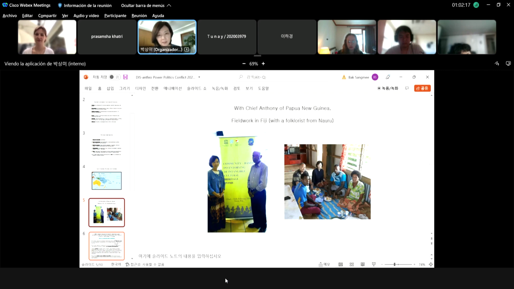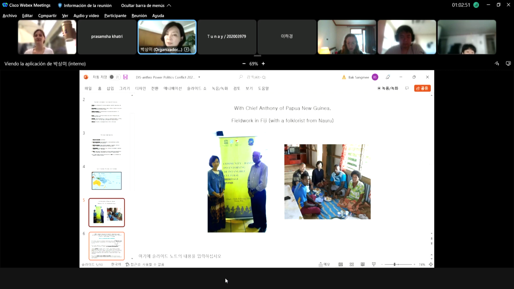And since it's been several years since we had this workshop, Chief Anthony might have become the real chief in his community in Papua New Guinea. But he was really knowledgeable, and I benefited from his cultural knowledge on the political organization because it was very important to understand how to approach the community members and what kind of rules I had to abide by.